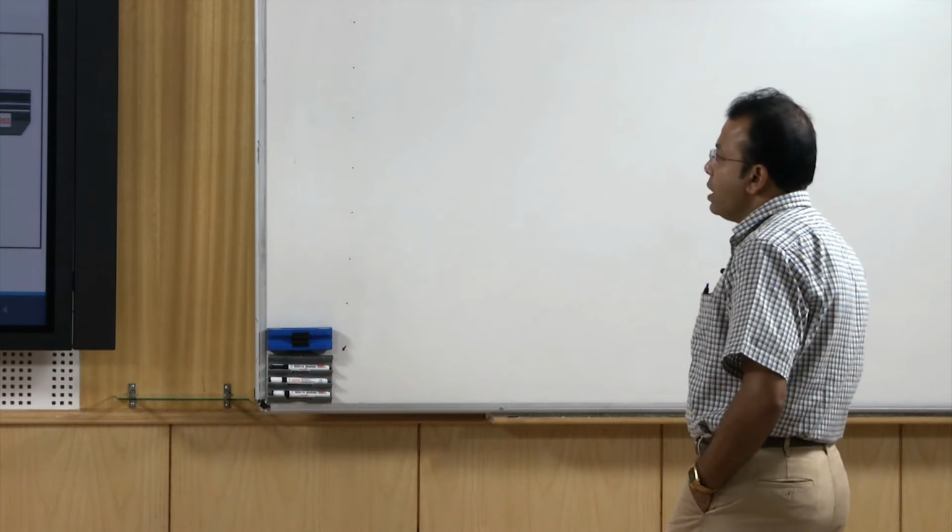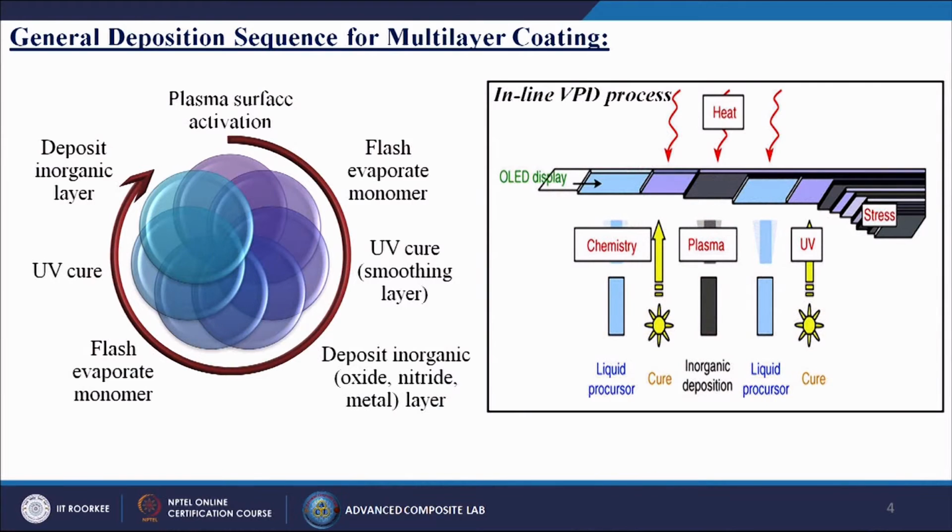General deposition sequence for multilayer coatings. Here we can do several types of coatings depending upon our requirement and our applications. First is plasma surface activation, then flash evaporate monomer, UV cure or smoothing layers, deposit organic oxide nitride layer, flash evaporate monomer, UV cure, deposit inorganic layer.